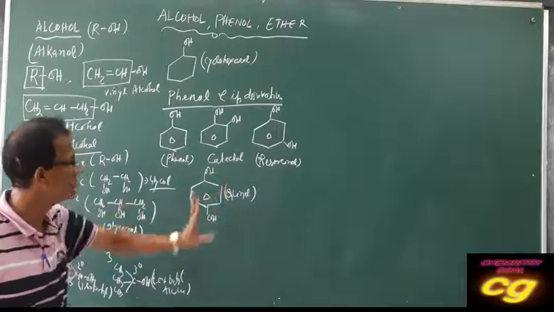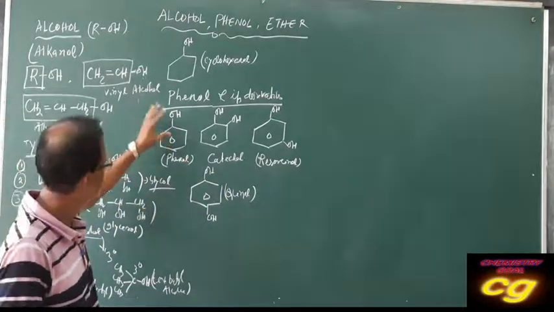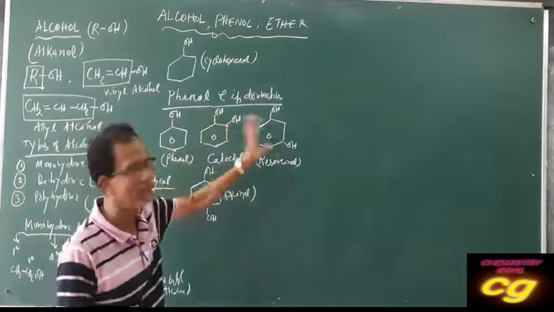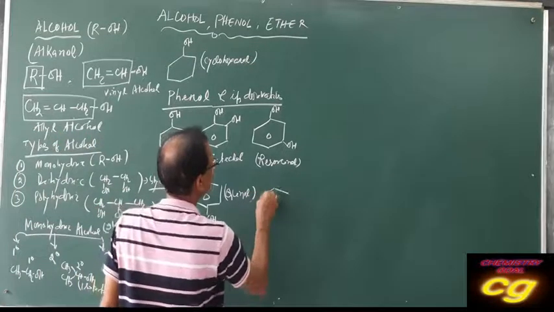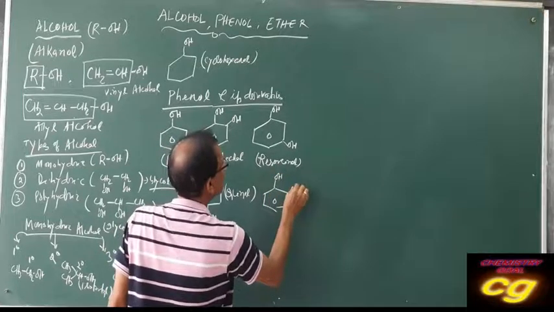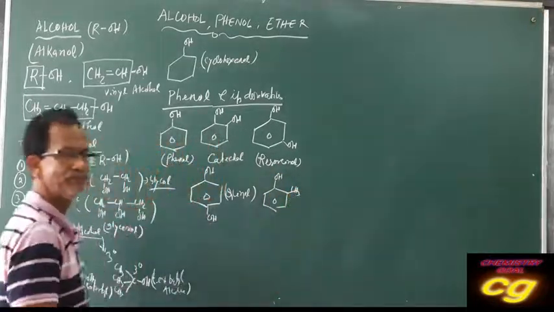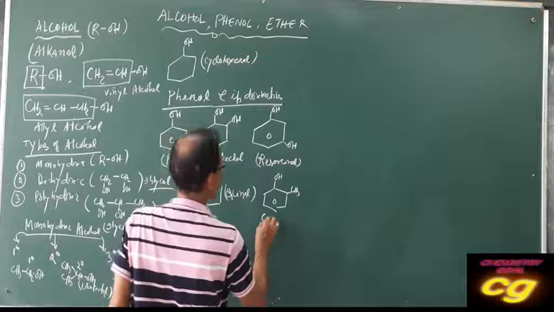So on the basis of the OH group, it is simply monohydric, dihydric, like this. So phenol and its derivatives. And the phenol compound, this is also very important. If phenol contains an OH group and a methyl, this is called cresol.